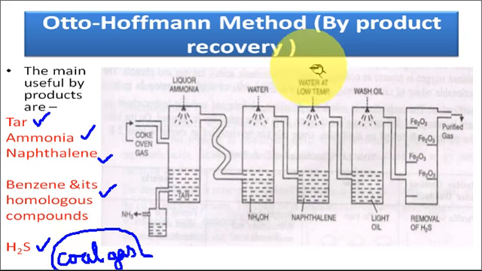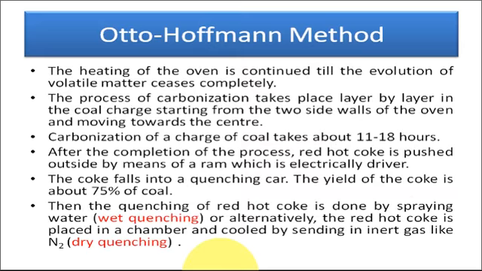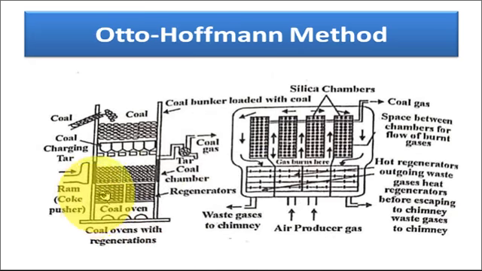So now coming towards the recovery of the byproducts in the Otto Hoffmann method. When the coke is produced and recovered or discharged from this point, the coal gas is collected. Basically this is the mixture of various byproducts and is called coke oven gas.